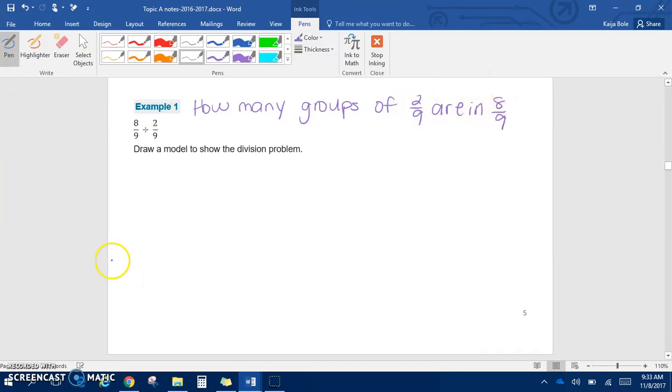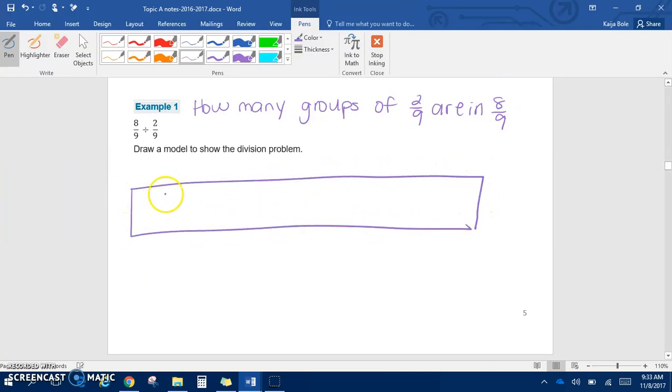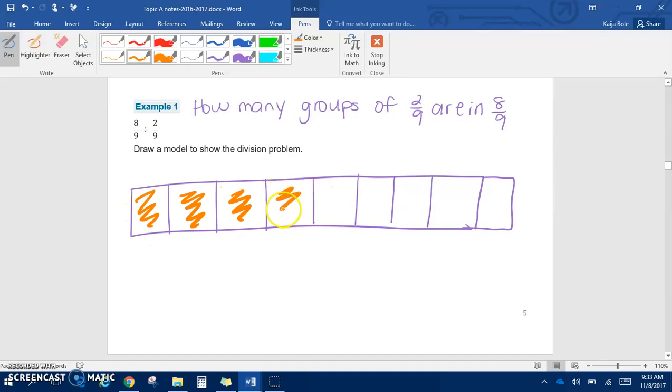So in 8/9 we're going to need to have 9 boxes to start with. 1, 2, 3, 4, 5, 6, 7, 8, one more, here's 9. And then we're shading in 8/9 of them. So here's 1, 2, 3, 4, 5, 6, 7, and 8.